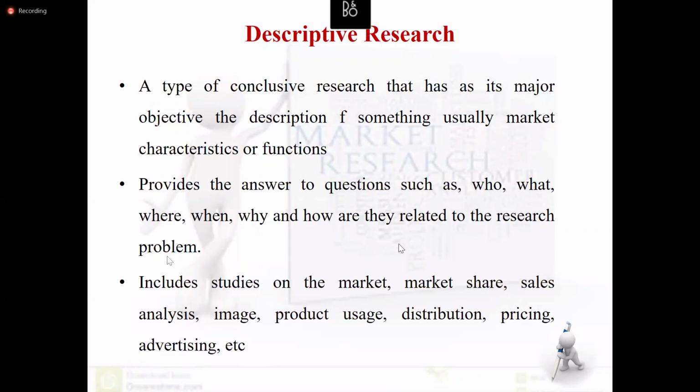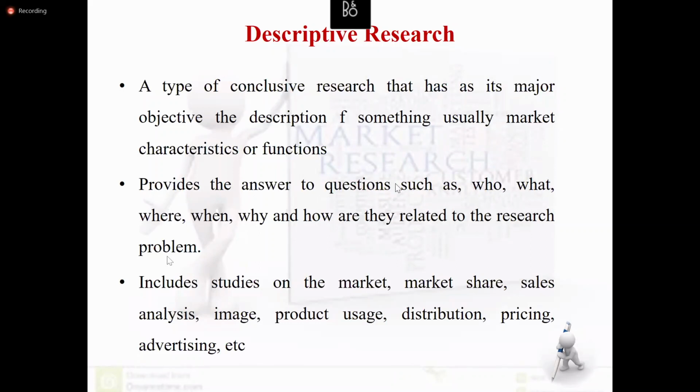So even the outcome of this descriptive research will help us to get answers as to who the consumers are, what they are purchasing, where they are purchasing, when they are purchasing, and why they are purchasing. These types of questions, which are most often raised in the marketing context, can be answered by the descriptive research.